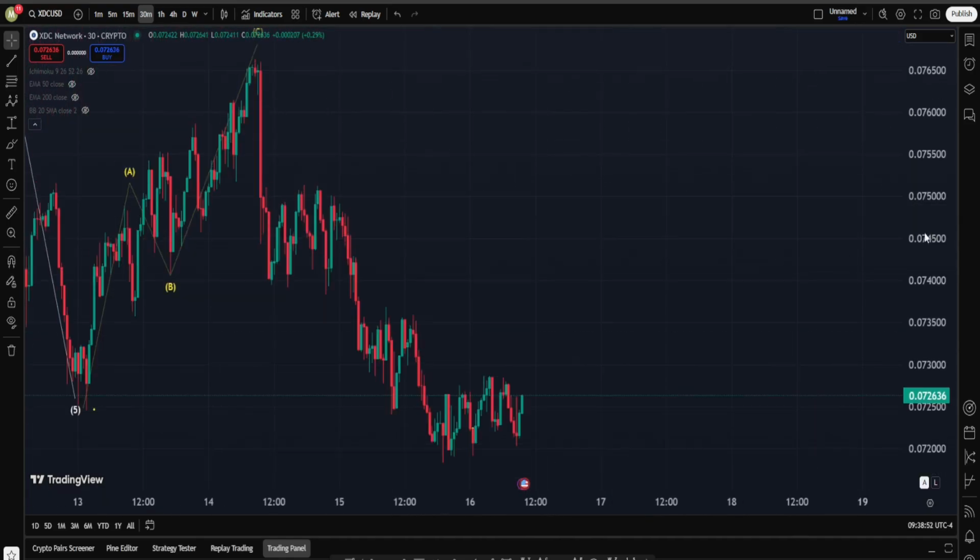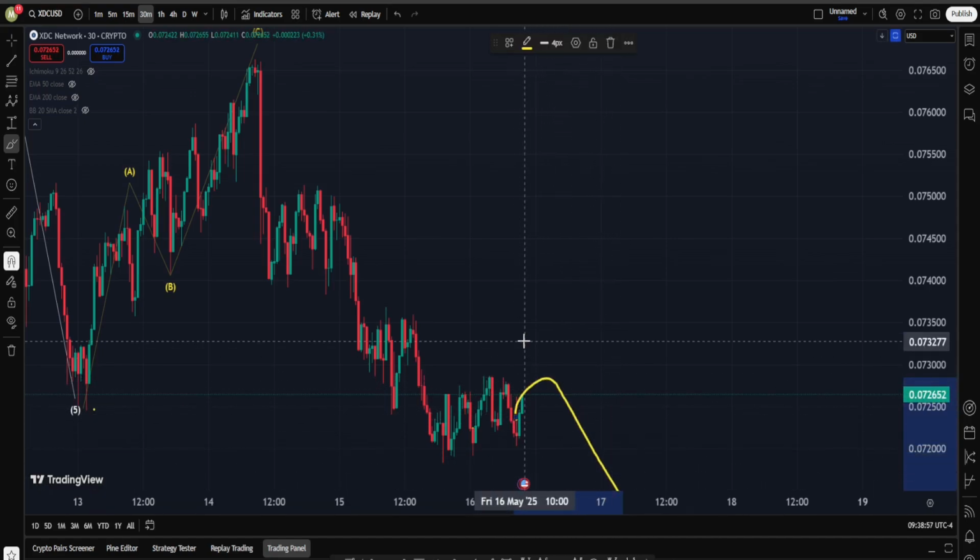So first things first, here's a very important point. I believe you need to count maybe on another short-term move on the downside. Why?